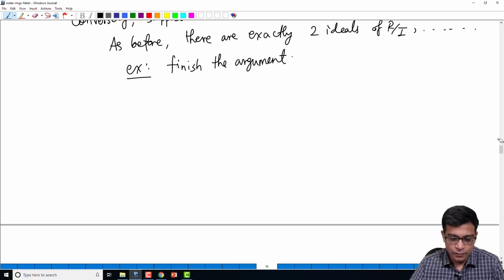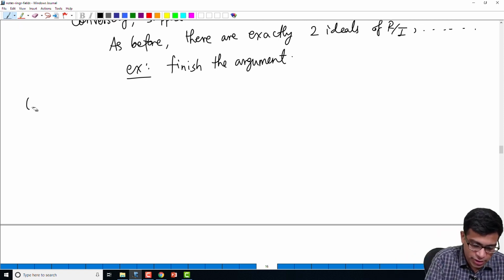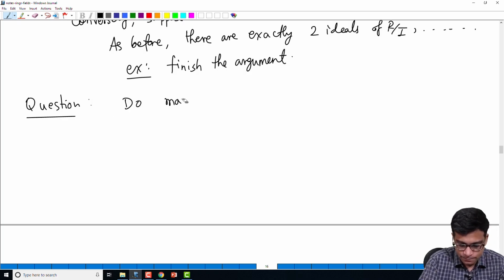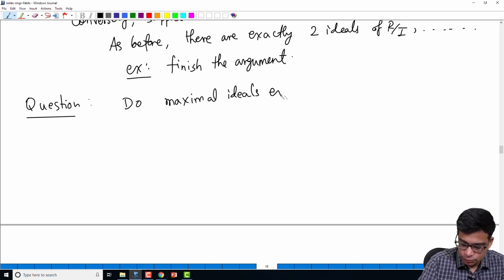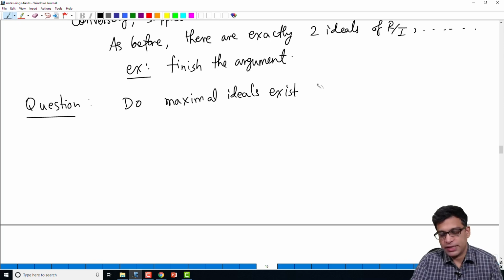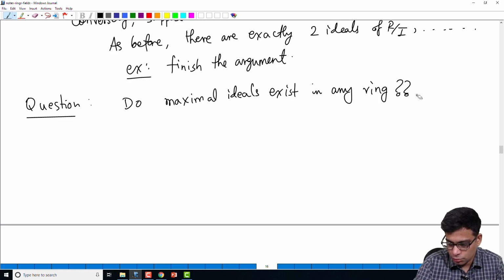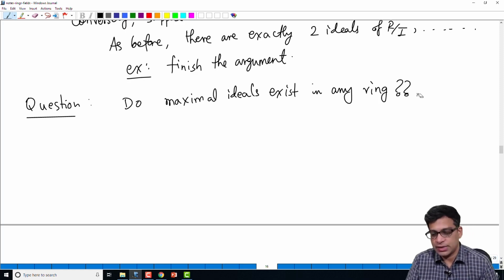Before that, the question that we should ask even before doing any exercises is, do prime ideals or maximal ideals exist? Do maximal ideals exist in any ring?